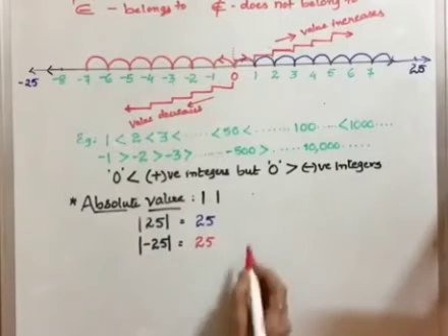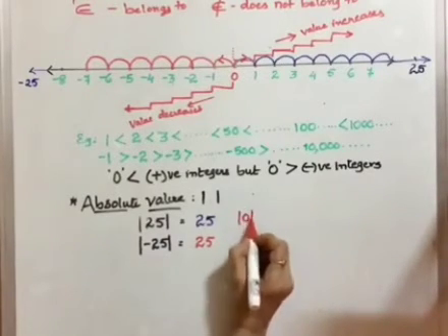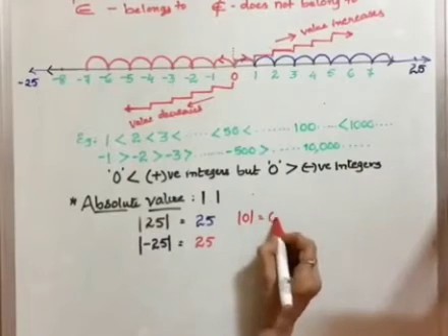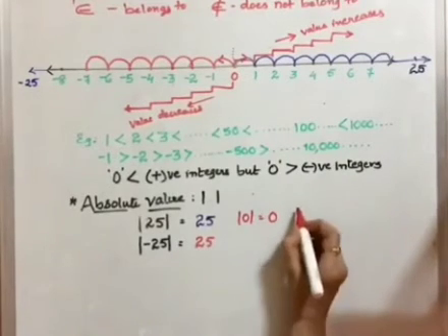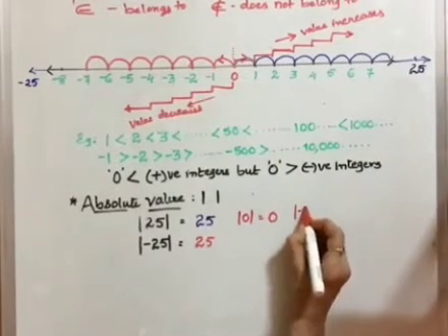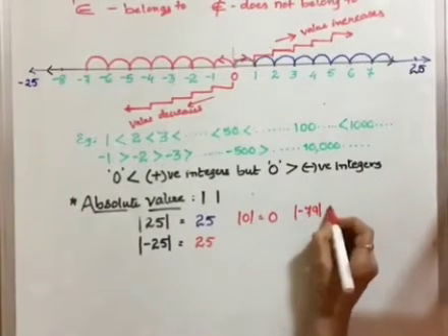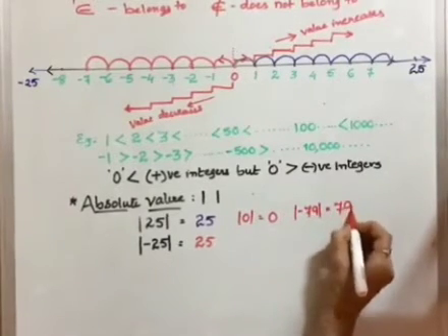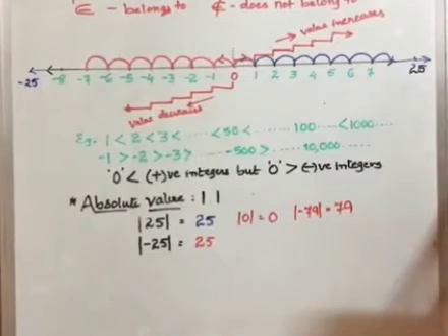Then what about absolute value of 0? Absolute value of 0 is 0. What is absolute value of, say, 79? It is 79. Did you all understand, children? So absolute value, why are we learning this?